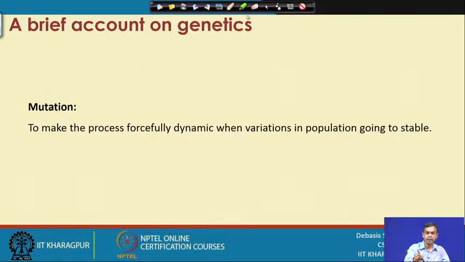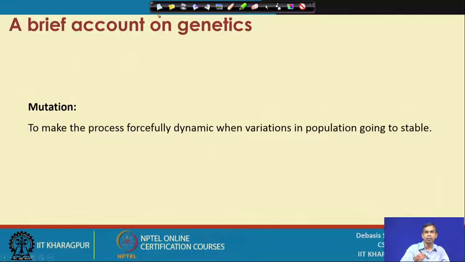Now, other than these genetic algorithm concepts, there is another one called mutation. We will discuss mutation. Mutation means all of a sudden there are some changes. So, 2 parents who are fair skinned, all of a sudden their offspring may be dark skinned also. It is due to mutation. All of a sudden there are some changes, that means there are certain drastic differences in their chromosome property, and that is mutation.